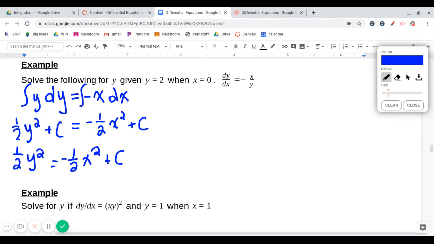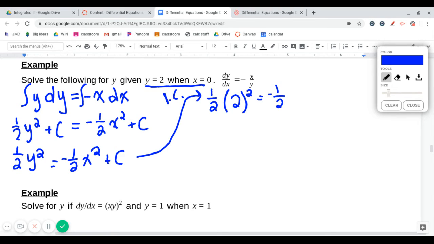Now our initial condition. So we're going to solve for c. So y is 2 when x is 0. So I'm going to go ahead and plug in 2 for y. So we get 1/2 times 2 squared equals negative 1/2 times 0 squared plus c.